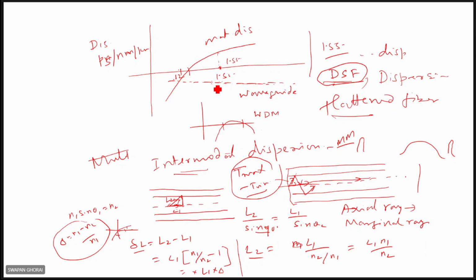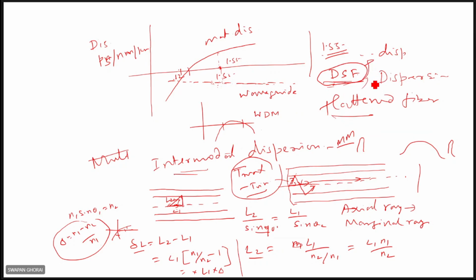But waveguide dispersion depends upon the fiber parameters, so it can be controlled. So if you make the material dispersion almost equal to the waveguide dispersion, then the total dispersion effect will be minimum at a certain wavelength, that is 1550 nanometers or 1.55 micron. If that is the case, then it is called dispersion shifted fiber. That is the most important fiber, single mode fiber, right?